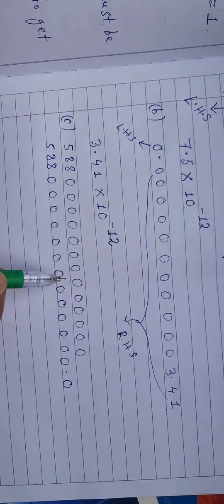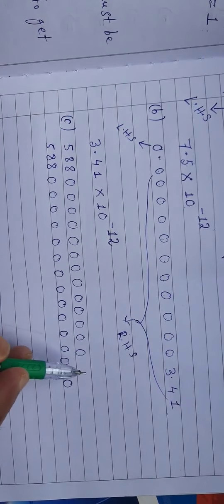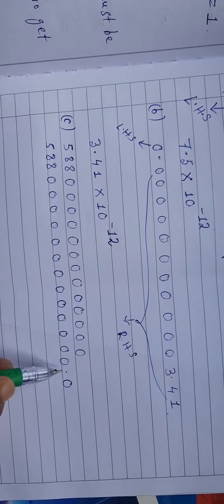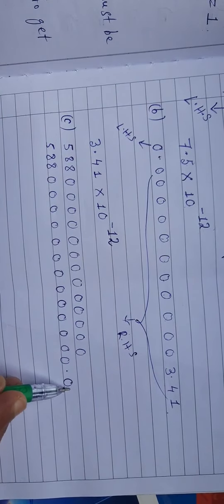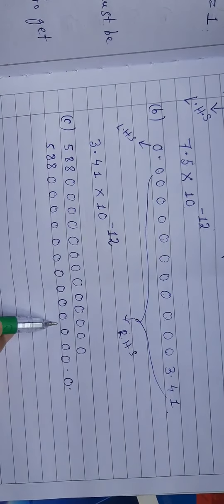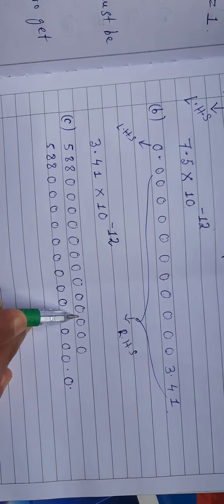Since the decimal point is not given, after the end of the last digit we can put one decimal point followed by 0. So this number is equivalent to the question given.